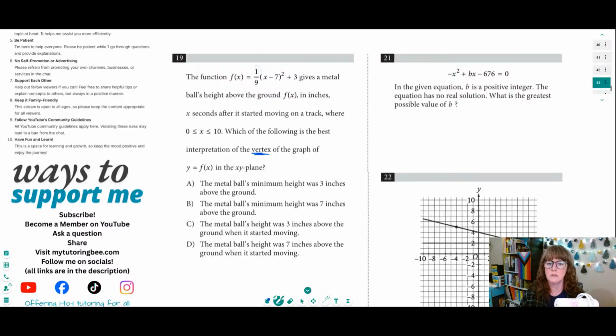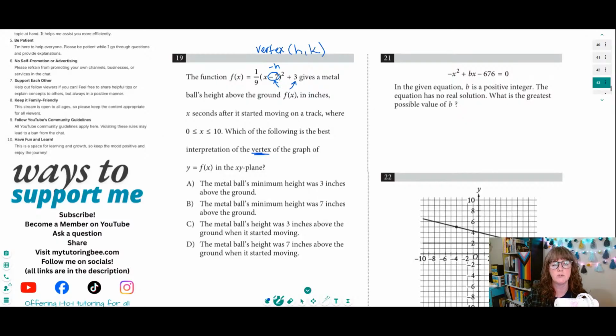Okay. So luckily, this equation is in vertex form. It's called vertex form because we can just look at the equation and see the vertex. So we usually refer to this as the vertex is h, k. And whatever number is being added or subtracted with the x inside the parentheses gives us negative h.